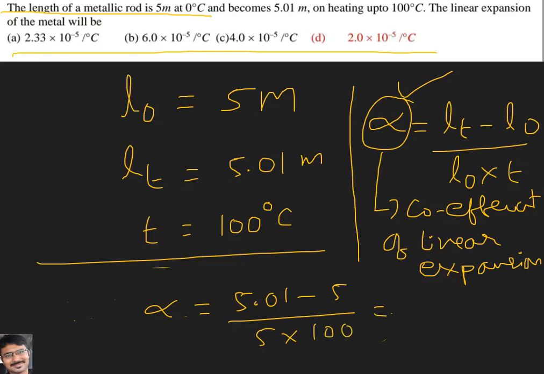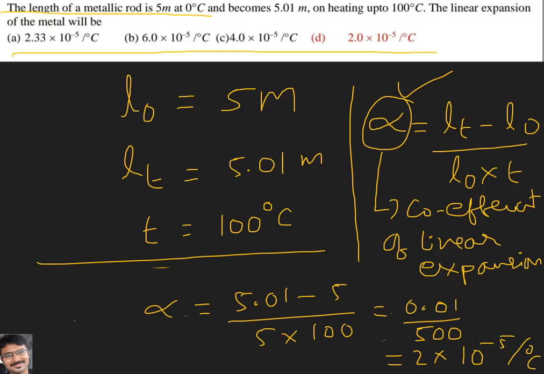So 0.01 by 500. If you solve this one, you will get the final answer as 2 into 10 power minus 5 per degree centigrade.